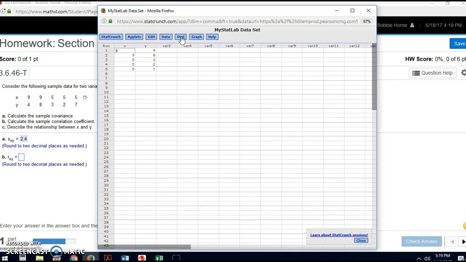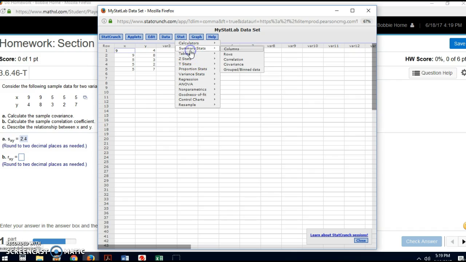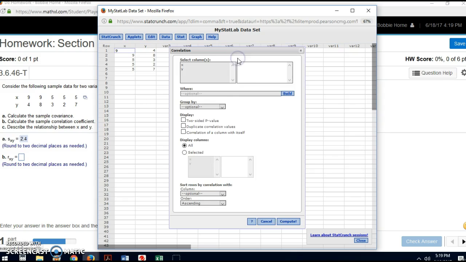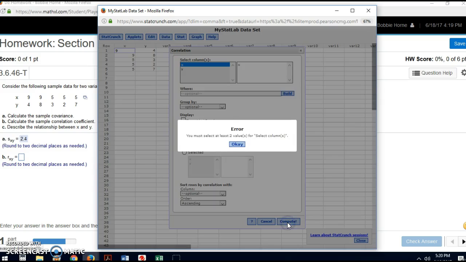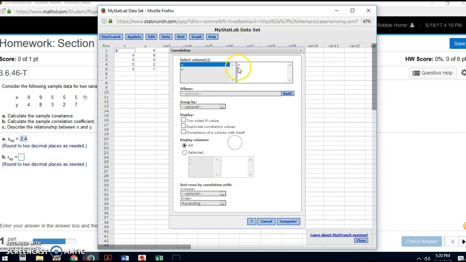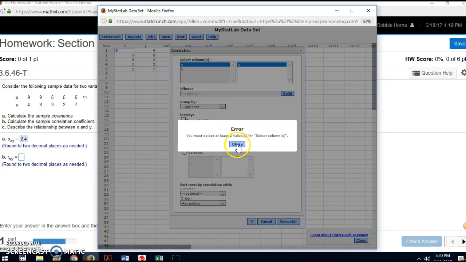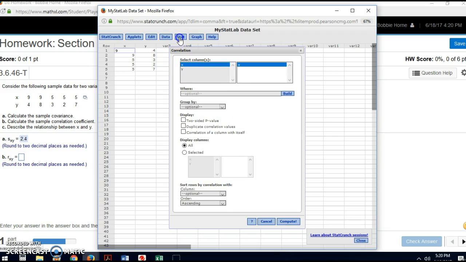Let's see what we can do here. Let's try summary stats. Let's just see what happens. Let's do X. Alright, let's try something else.